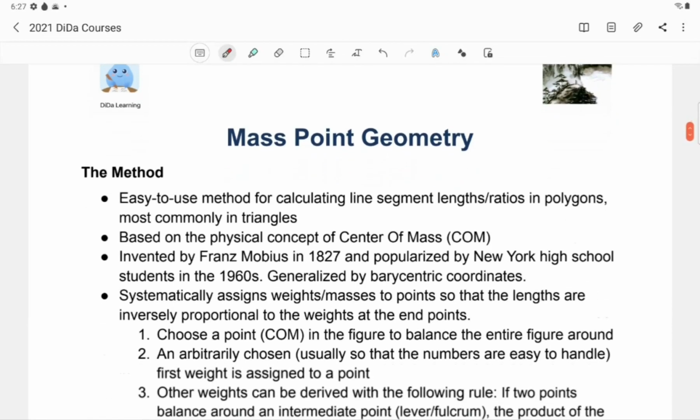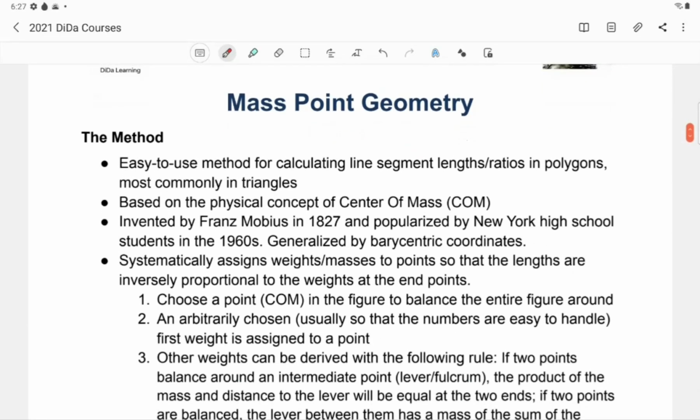So with that, let me dive right into the main subject of this trial lesson, which is mass point geometry. It's a very, very powerful and robust method for computing these line segment lengths or ratios in polygons, most commonly in triangles.